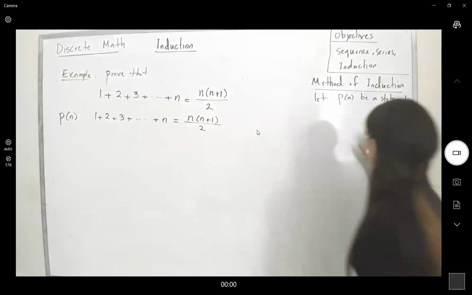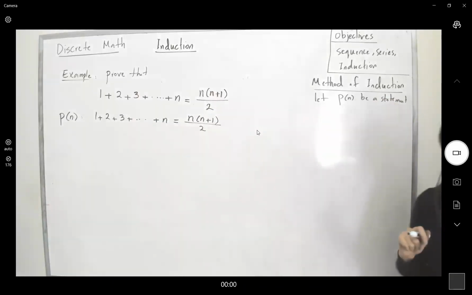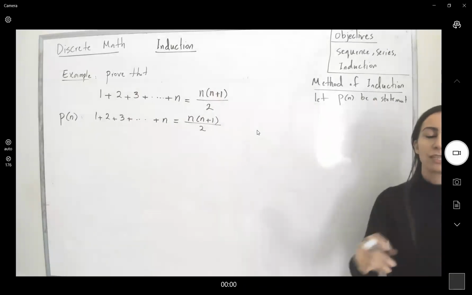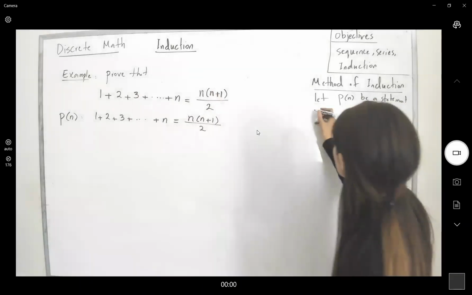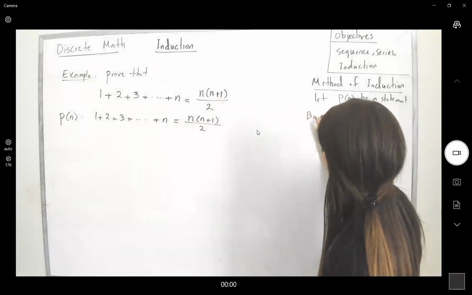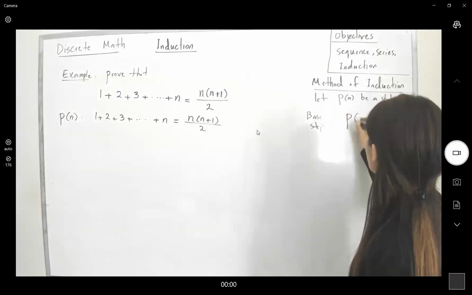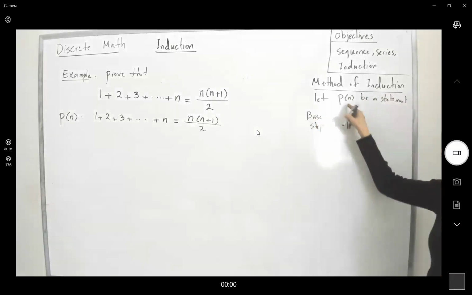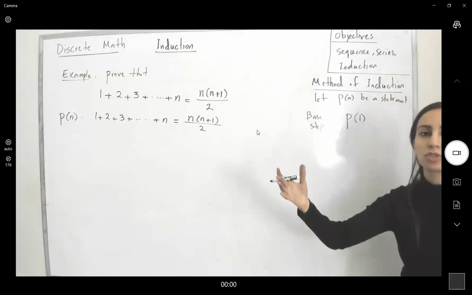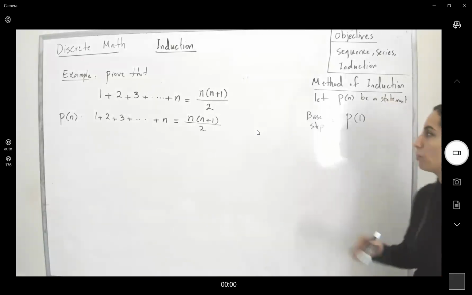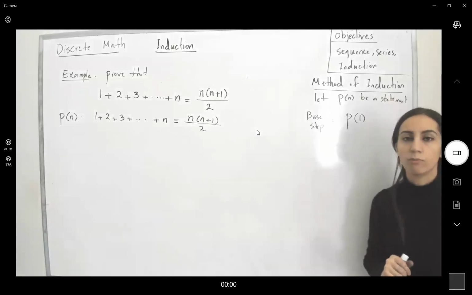So to prove by induction, we first have the base step, P of 1. If n belongs to the domain of natural numbers, it always starts from 1.